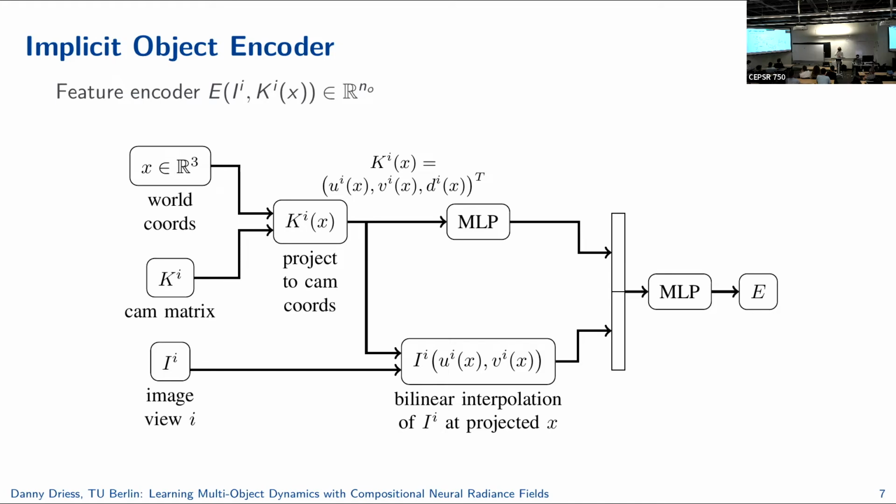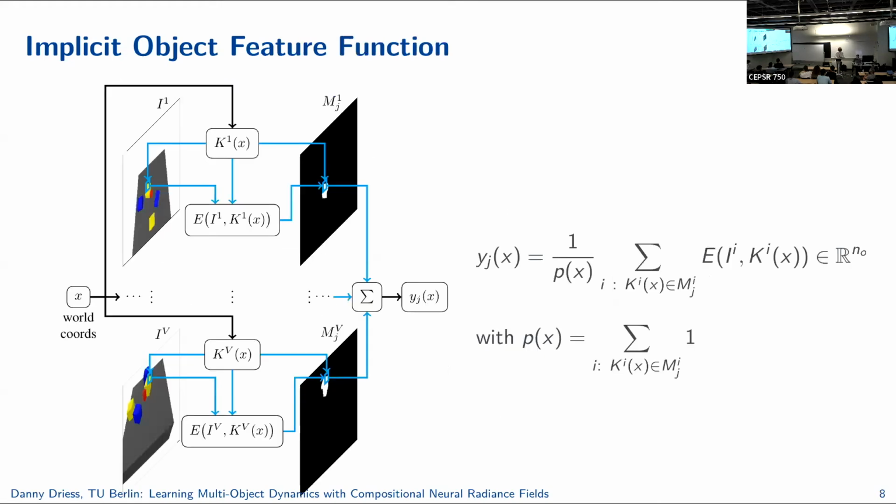So this now gives us a feature value for one input view. And we then combine different views together to one feature by summing all these features of the different views together if the projected 3D coordinate can be seen from that view.